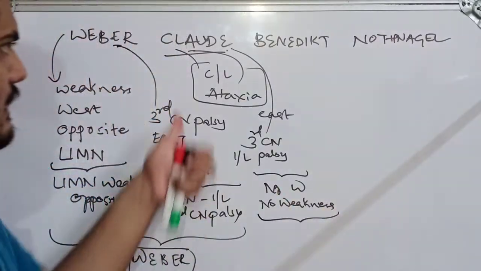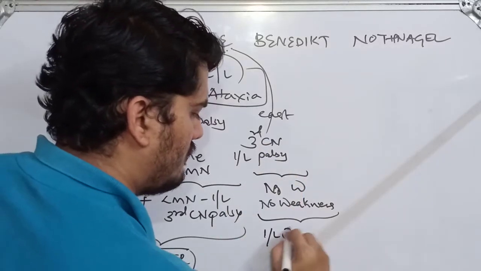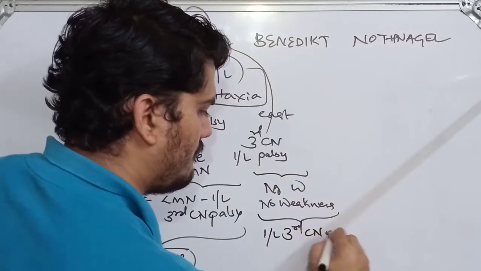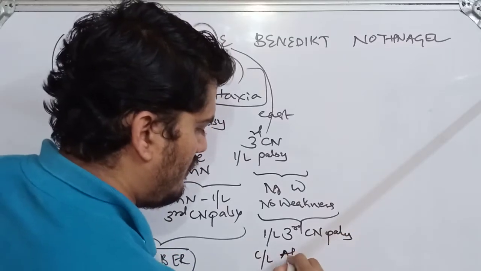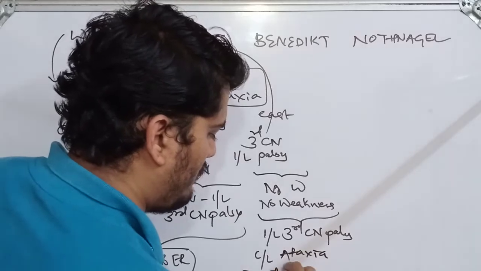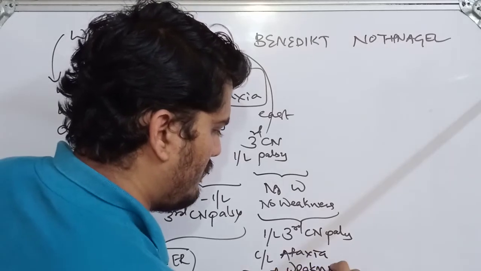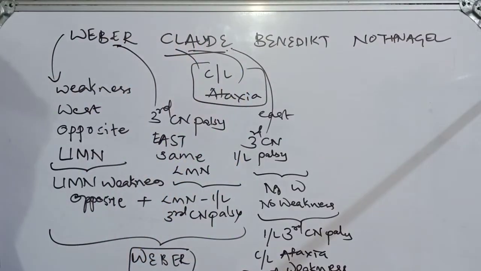So the spectrum you get is ipsilateral third cranial nerve palsy along with contralateral ataxia without weakness. This clinical spectrum becomes Claude syndrome.